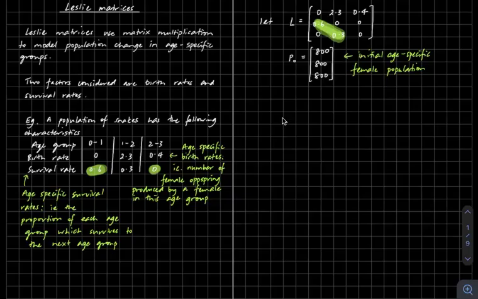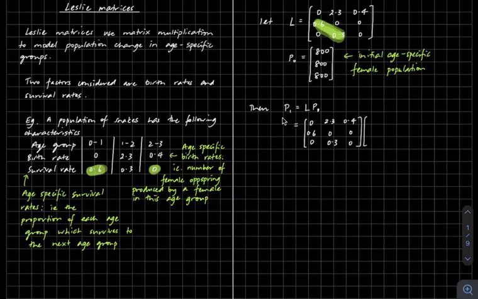So what happens then if we multiply the Leslie matrix by the initial population matrix? Well, what we'll do is we'll actually get the population 1 year later. So if I go L times P0, so let's go 0, 2.3, 0.4, 0.6, 0, 0, 0, 0.3, 0.